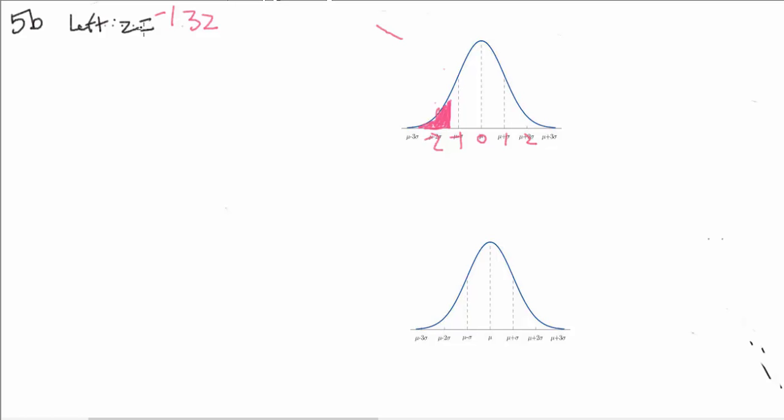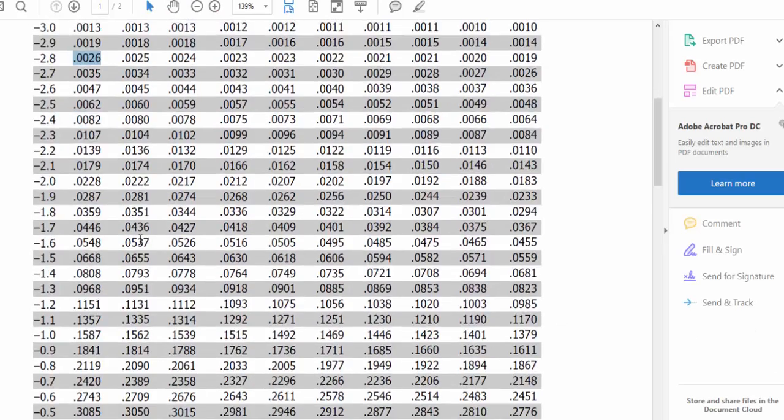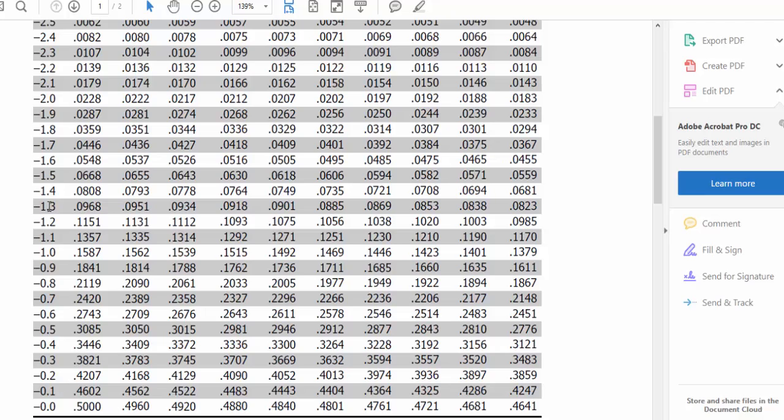We have to go back to our table and find our z of negative 1.32. So pull this up, negative 1.3. Remember, we have to go over. This is 1.30, 1.31. So the area to the left of negative 1.32 is 0.0934.